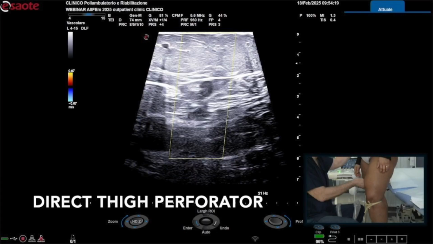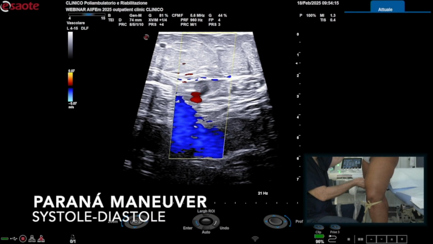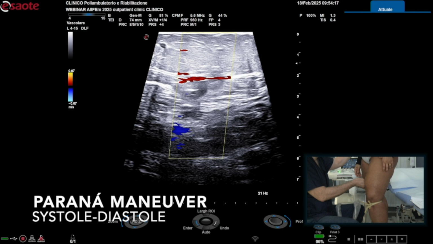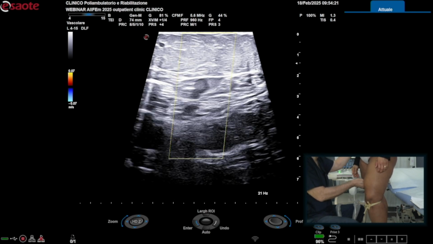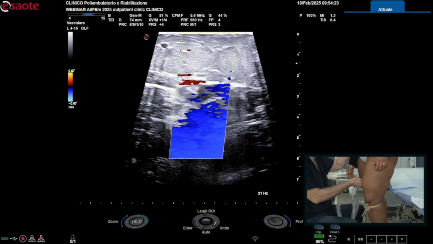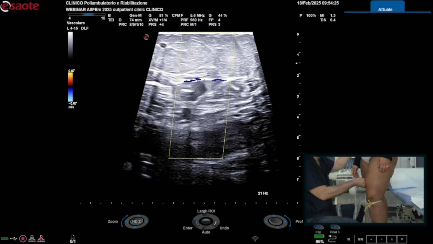An example of direct thigh-competent perforator vein. The first check is done with the squeezing and the Parana maneuver. Systolic and diastolic events are evaluated.